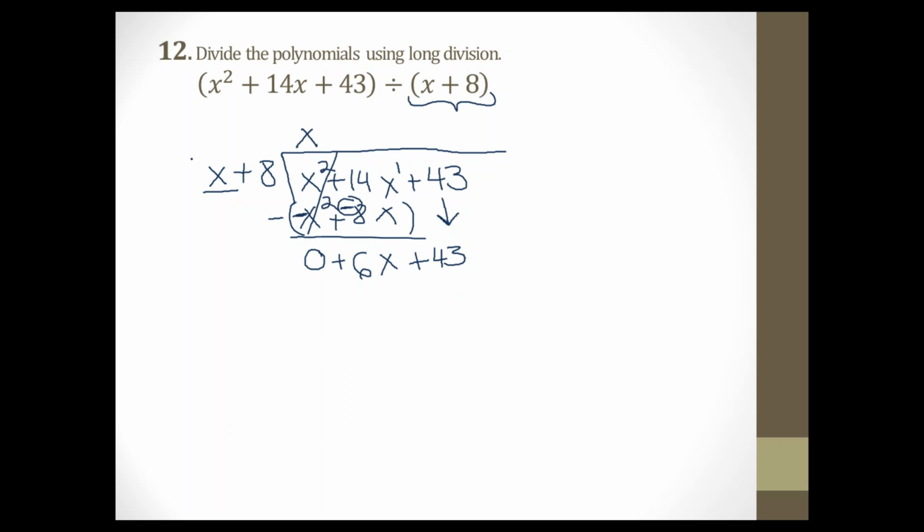Okay, starting over again, looking at this first x and asking ourselves, by what do we have to multiply this x to get to 6x? We have to multiply by 6, because 6 times x is 6x, and then also multiplying the 6 by the 8, we get 6 times 8, which is 48.